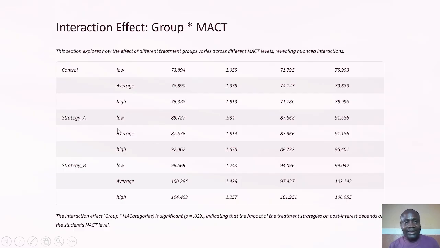So it means that if we are using strategy A, the students with high mental ability will be the best in terms of their interest, while those with low will follow them closely. So you can see that it's a very interesting result.